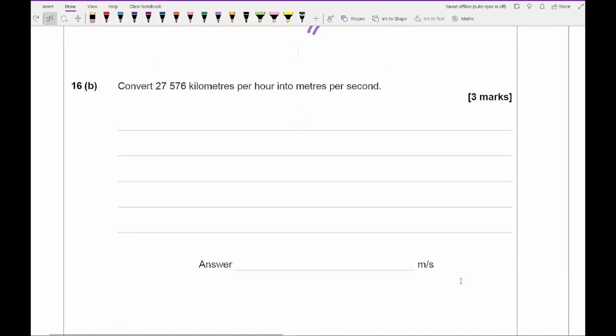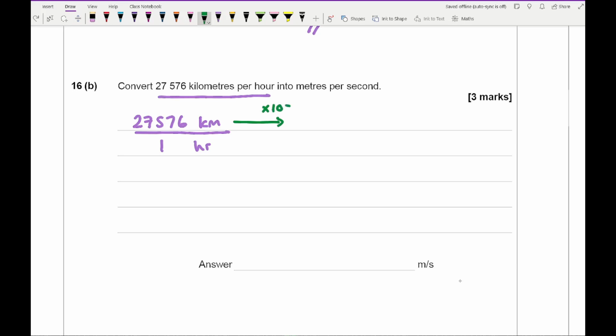Moving on to 16b, it says convert 27,576 km per hour into meters per second. So for this, if I write this down as a fraction, I get 27,576 kilometers per 1 hour. Now I need to convert kilometers into meters. So to convert that into meters, I multiply by 1000, in which I get 27,576,000.